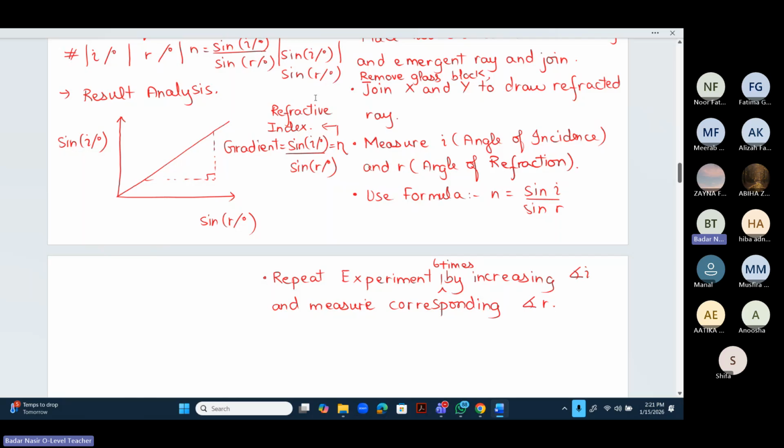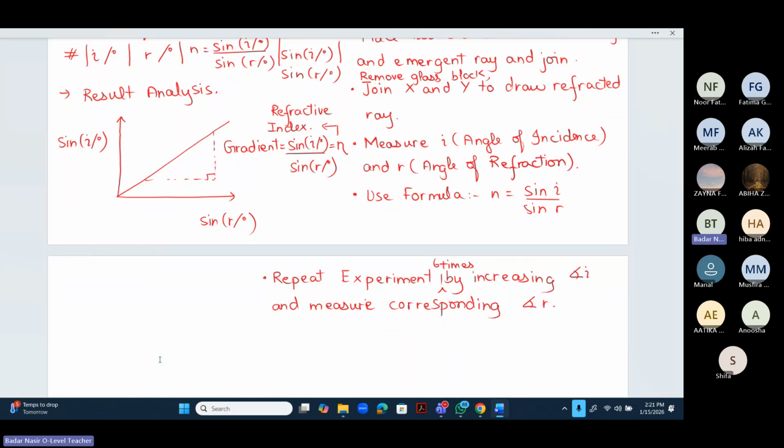So a straight line graph that passes through the origin with constant gradient will be obtained, and the gradient of the graph will give you its refractive index. If you have any questions, any queries on this, please feel free to ask. Yes beta, anyone.